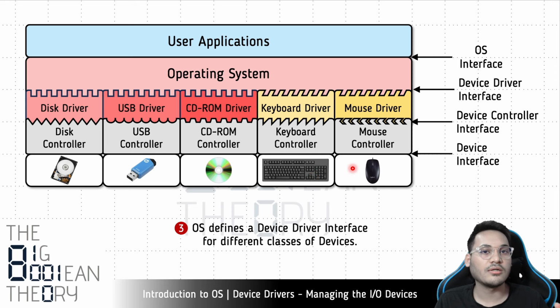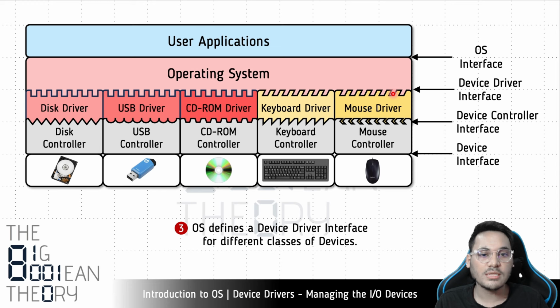So these are character oriented devices. If you see, the input from the keyboard as well as the mouse comes as a stream of characters, which is very different from the sequence of blocks view that we have for storage devices. For these types of devices also, the operating system has defined a different type of interface.